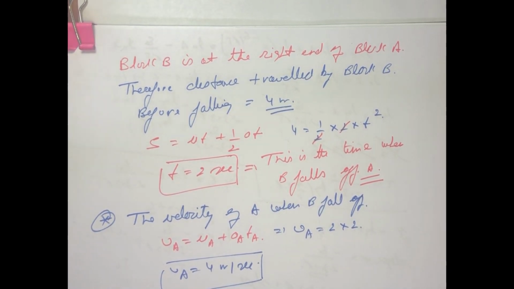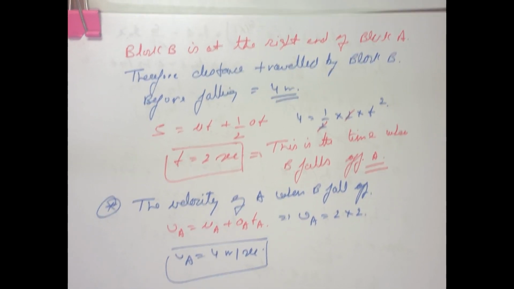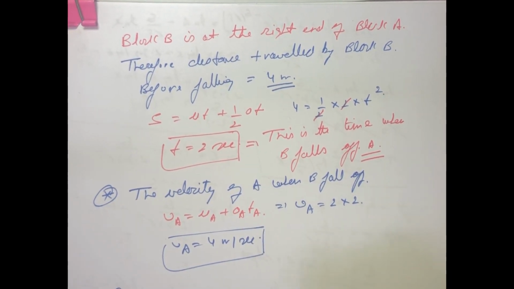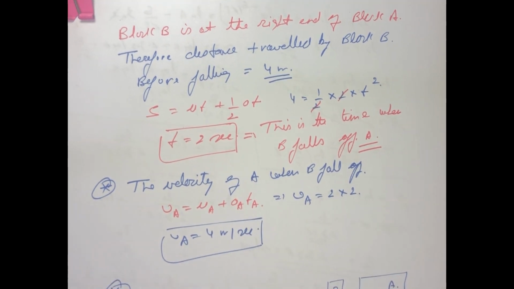Now it's given that if the coefficient of friction between block and belt is 0.4, find the separation. Okay. So this is the next part. Now suppose this is the belt and we have block A. Now block B has fallen off the block A, so it will be somewhere here, let us suppose. And for block B, and this is our belt.